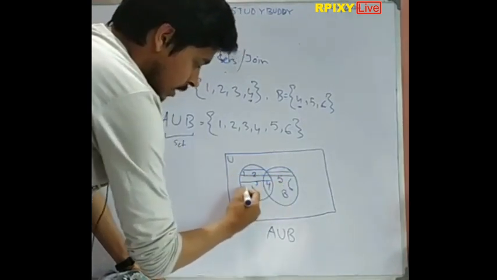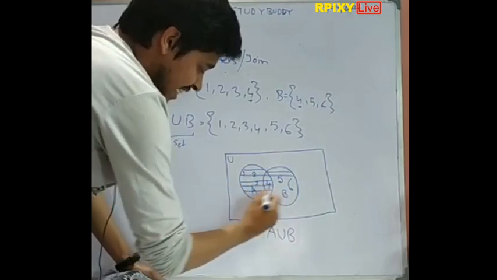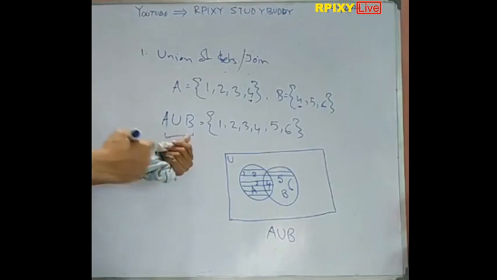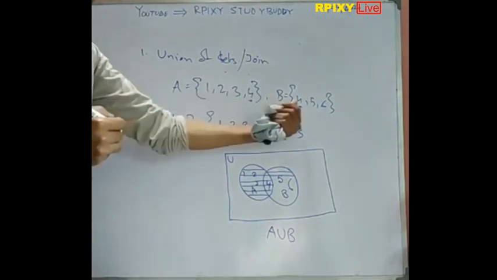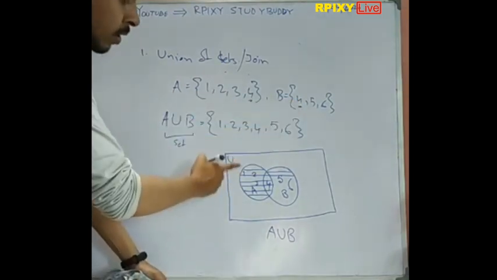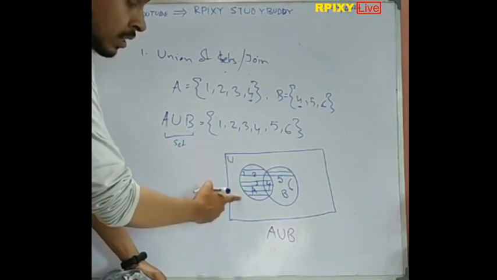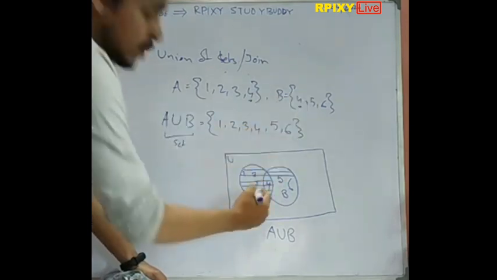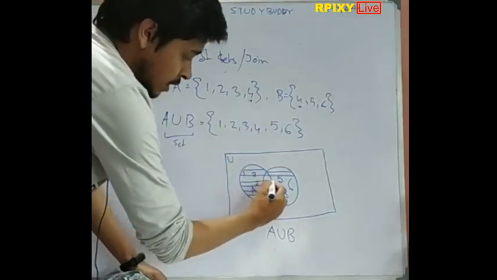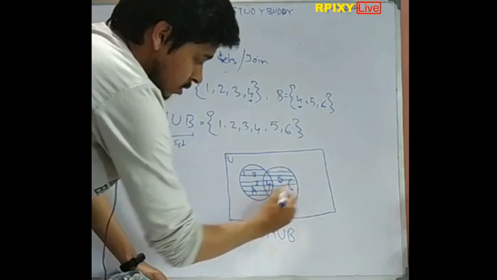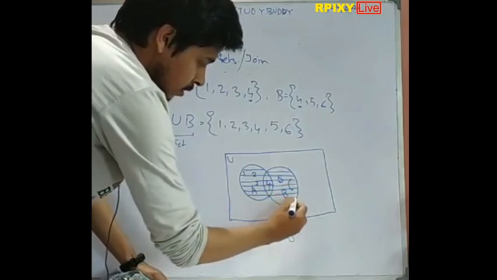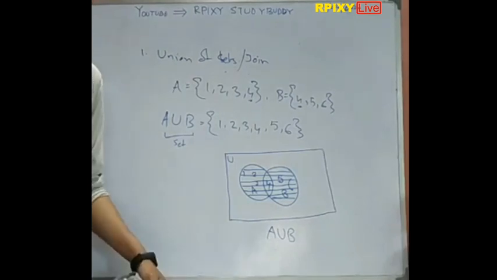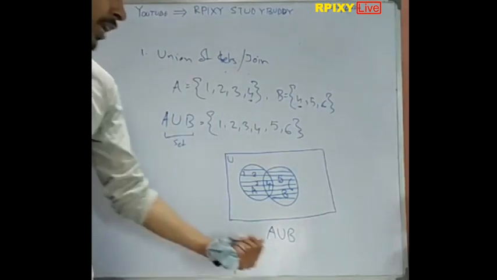First you have to shade the set A, because A union B are the elements of set A or set B. So first I am shading the set A, that means I am taking all the elements of A and again all the elements of B. So again I am shading the set B. Okay. Now the shaded region will indicate what is the A union B.